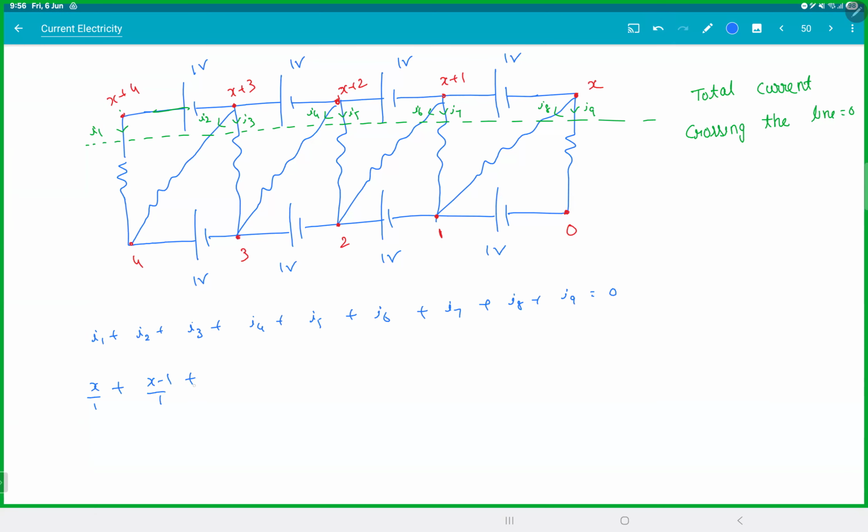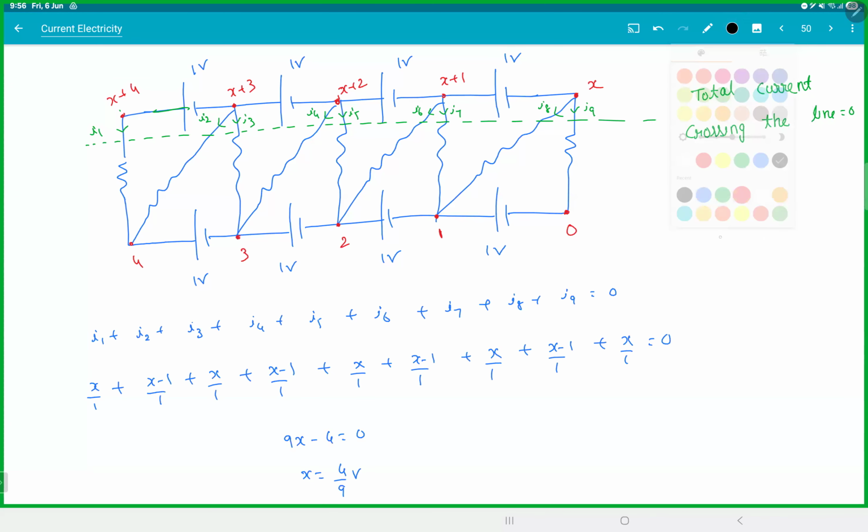All the rest are 1. So this will be x by 1, x minus 1 by 1, x by 1, x minus 1 by 1, x by 1, x minus 1 by 1, and x by 1. You solve this, you'll get 9x minus 4 is equal to 0. You'll get x is equal to 4 by 9.